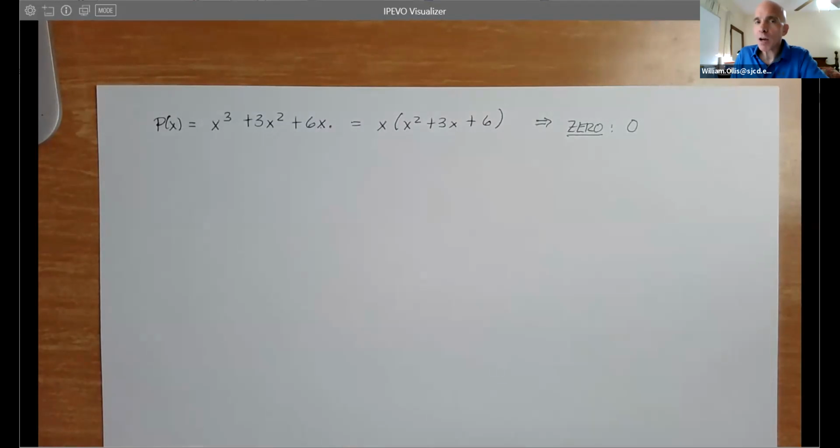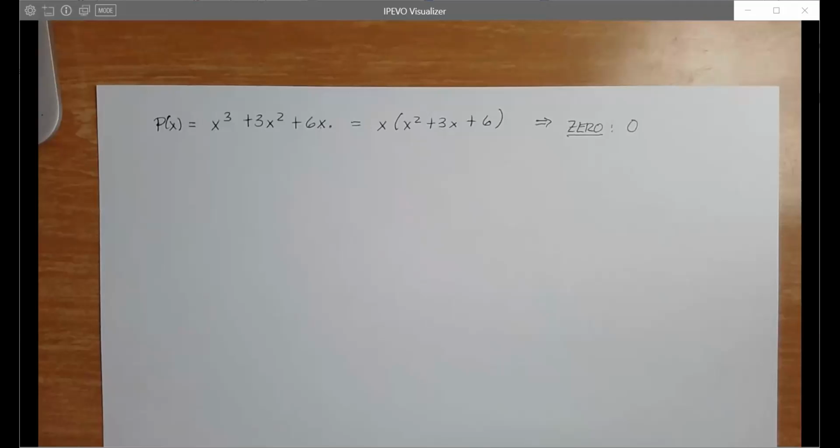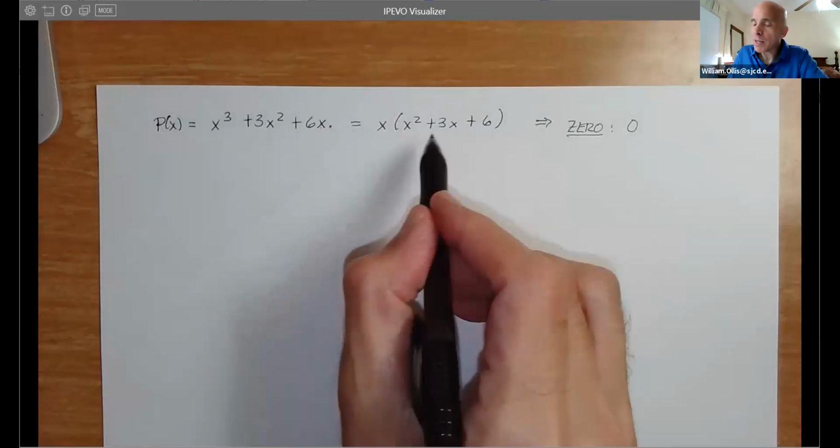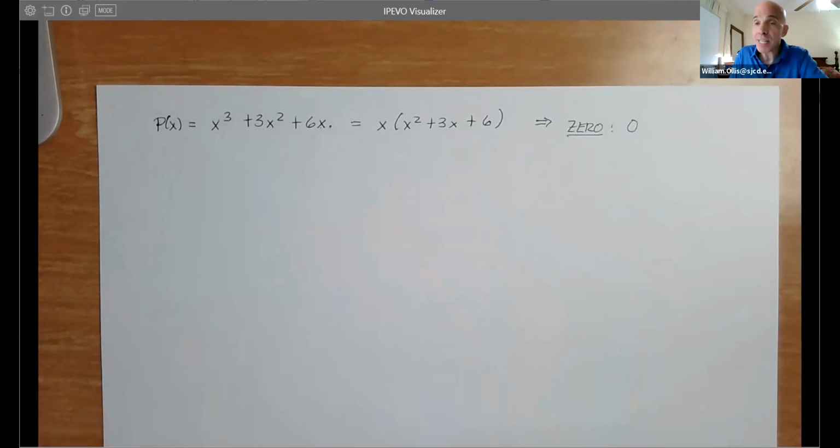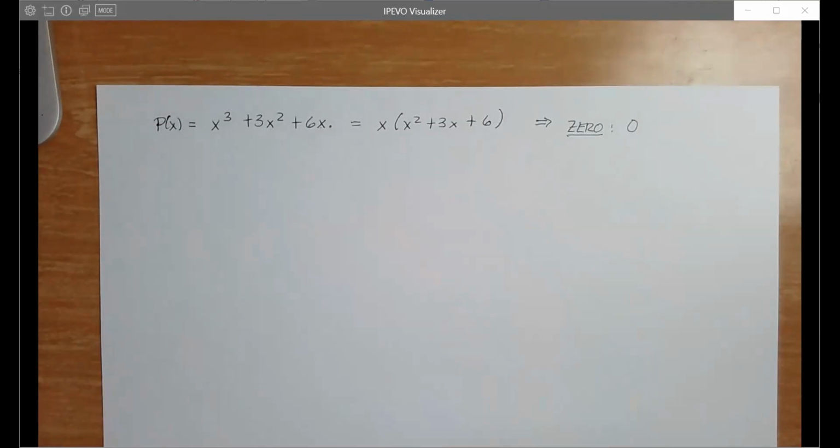So, true or false? If a quadratic polynomial has an imaginary 0, then you can use the rational zeros theorem to find it.